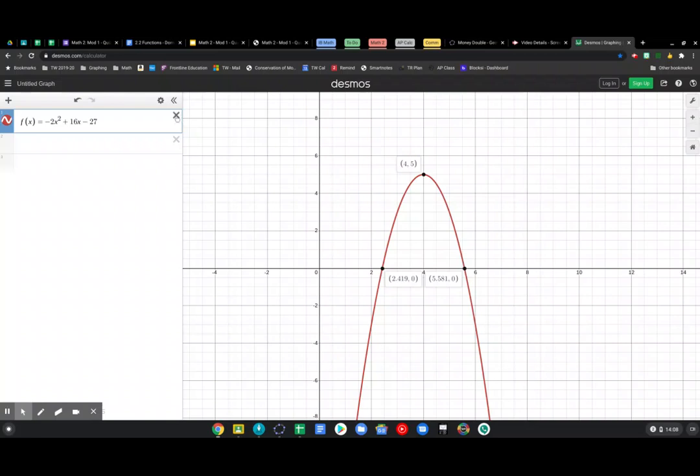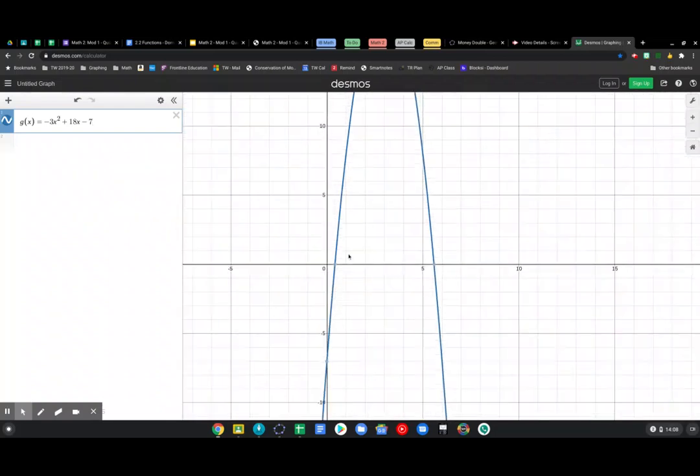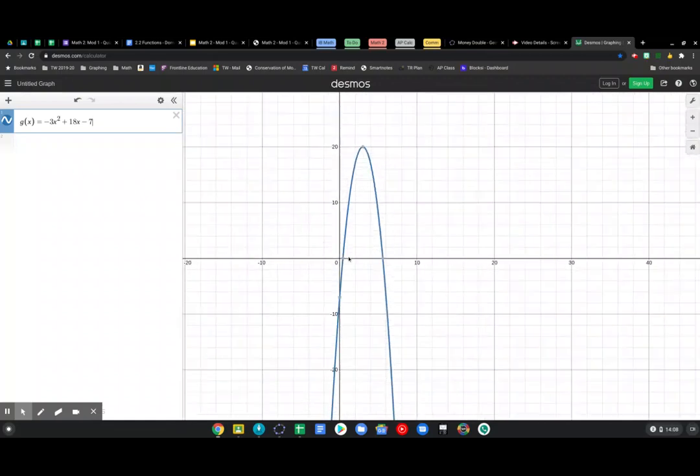Let's try that again. Just click that off. Let's try g of x is equal to negative 3x squared plus 18x minus 7. And now notice right here, it's going off the screen. So if I scroll back, I can zoom out.